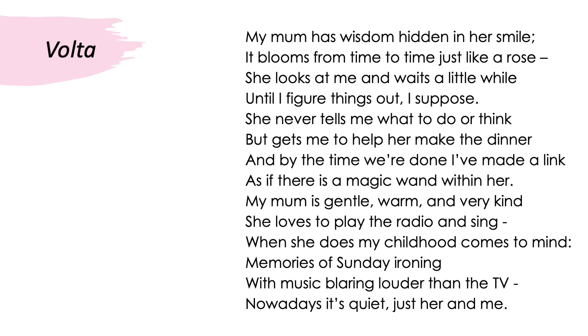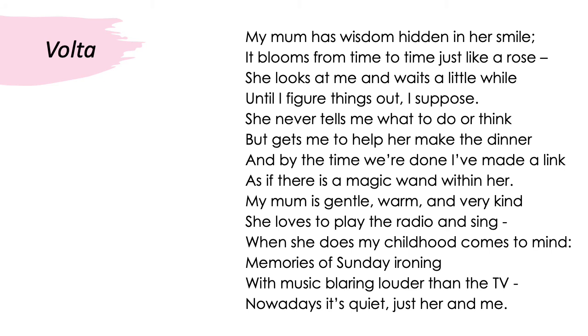Normally the volta happens at the start of the sestet, so the start of the last six lines. I would argue that I haven't really got a volta in here. What does happen is at the very end, on the last line, there's kind of a shift, because it hints at the idea of it's just her and me now, rather than anybody else.